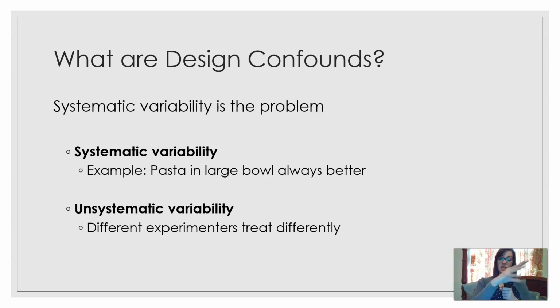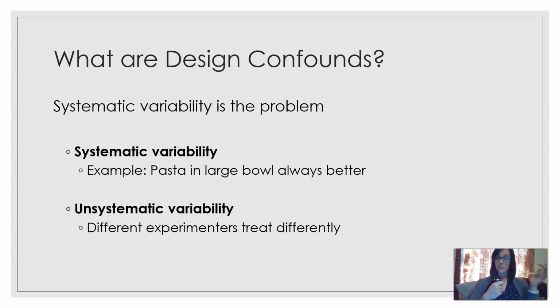It specifically is systematic, and it's only for the large bowl condition in particular. Now, on the other hand, we can have what's called unsystematic variability. This is where we get some differences, but it's done in a really kind of random sort of way. It's not specific to a given condition or a given group.